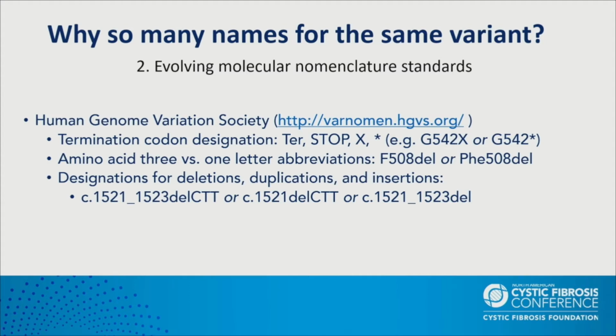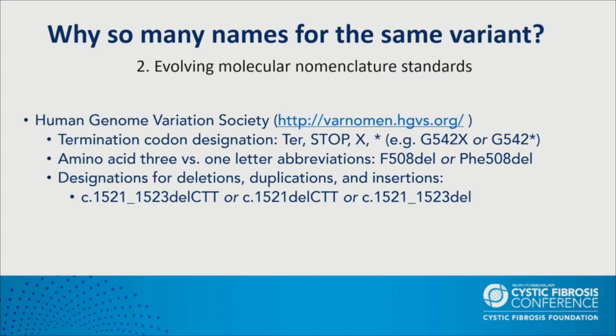Just a few of the examples of how different recommendations will show up in our description of gene mutations. So the way that we are recommended to depict a termination codon or a stop mutation, a nonsense mutation, has been recommended variously over the years as ter, stop, X, or this asterisk.